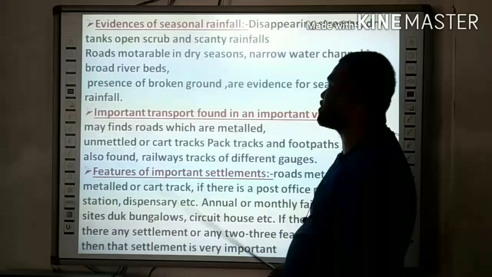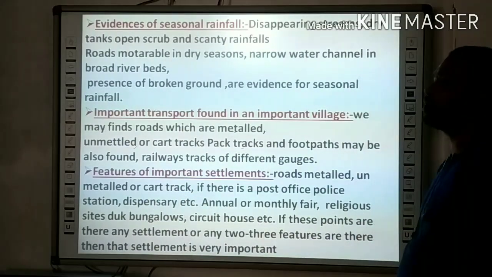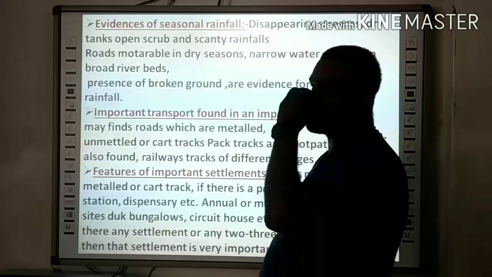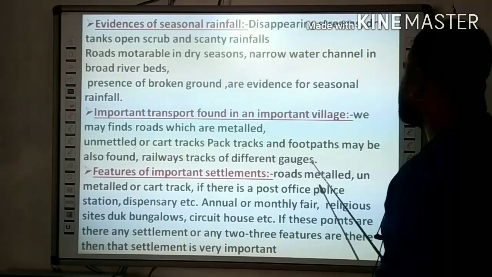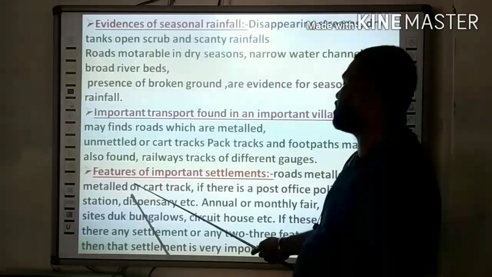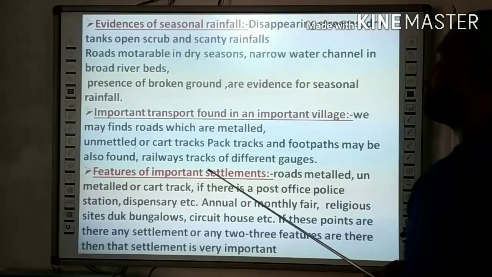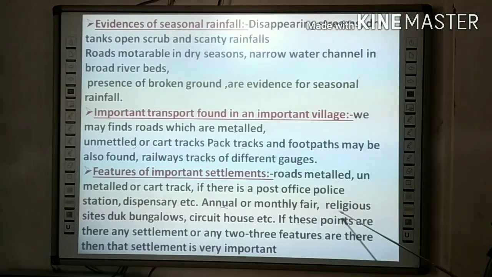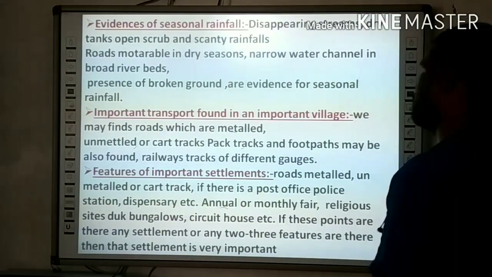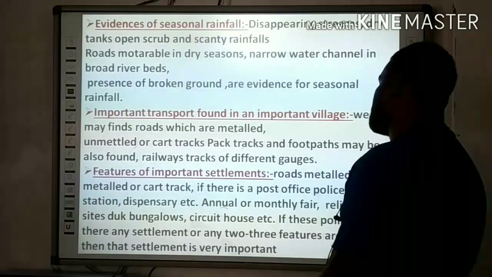Next, features of an important settlement. What are the features of an important settlement? Roads, metalled and unmetalled, or cart tracks. If there is a post office, police station, dispensary, etc., annual or monthly fair, religious sites, dak bungalows, circuit house, etc. If any settlement has any two or three of these features, then that settlement is very important.